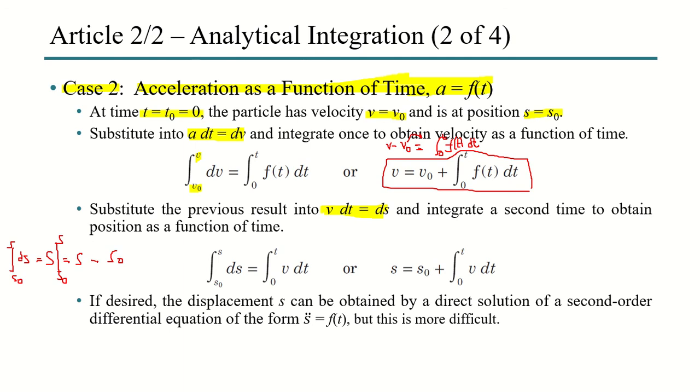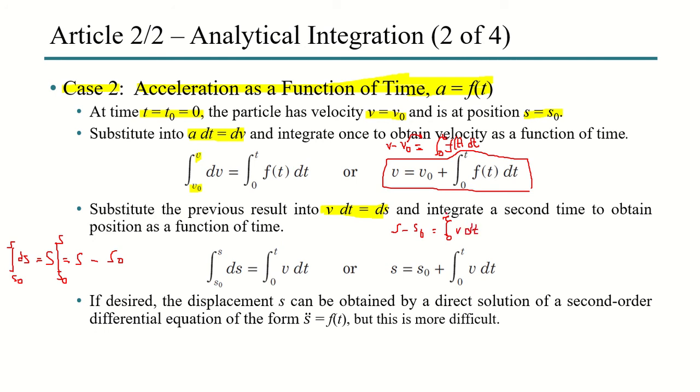So s minus s sub 0. Then you transpose that to the other side, so supposedly here we have s minus s sub 0 equal to the integral from 0 to t of v dt.